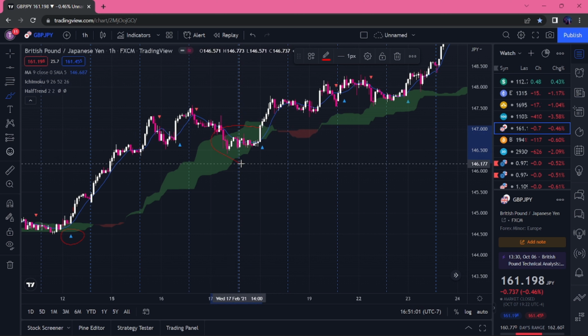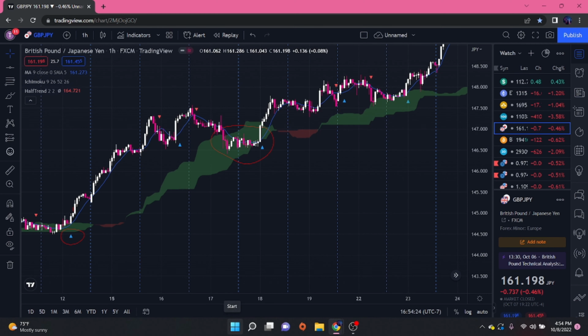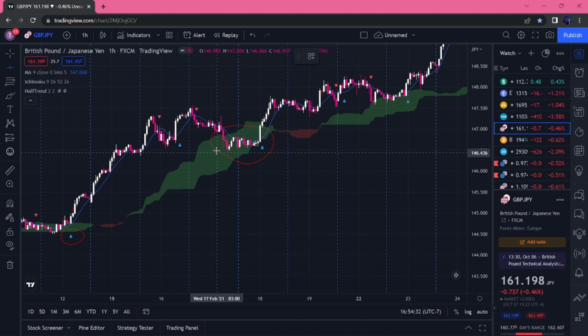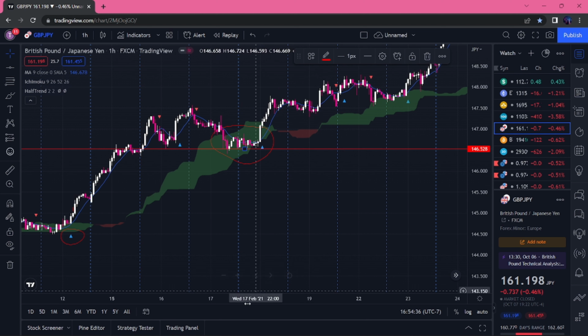Here is an example of a support area. This is what I mean by you want to know where your support and resistance areas are, because they can help you identify exactly what's going on in the market, right? So if we would have marked this area down as a resistance area here, we're bouncing off of it here, and we are bouncing off of it here as a support.